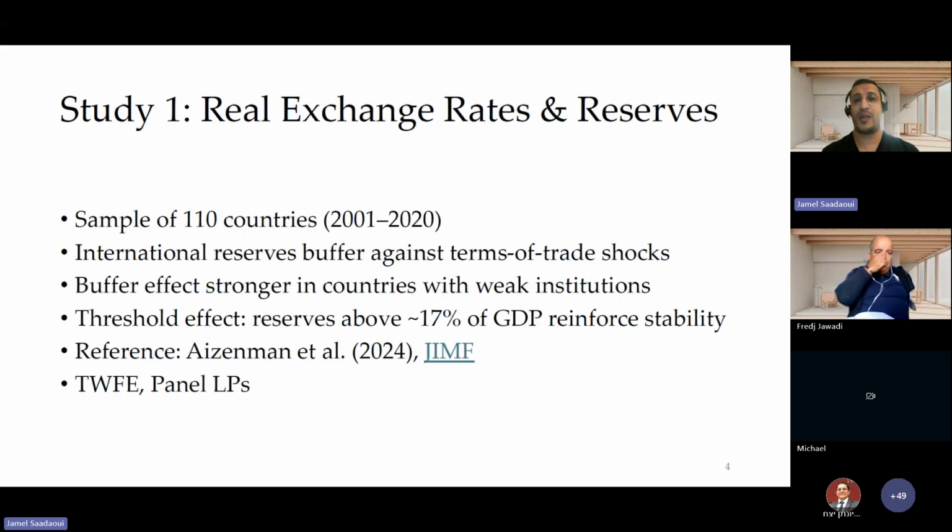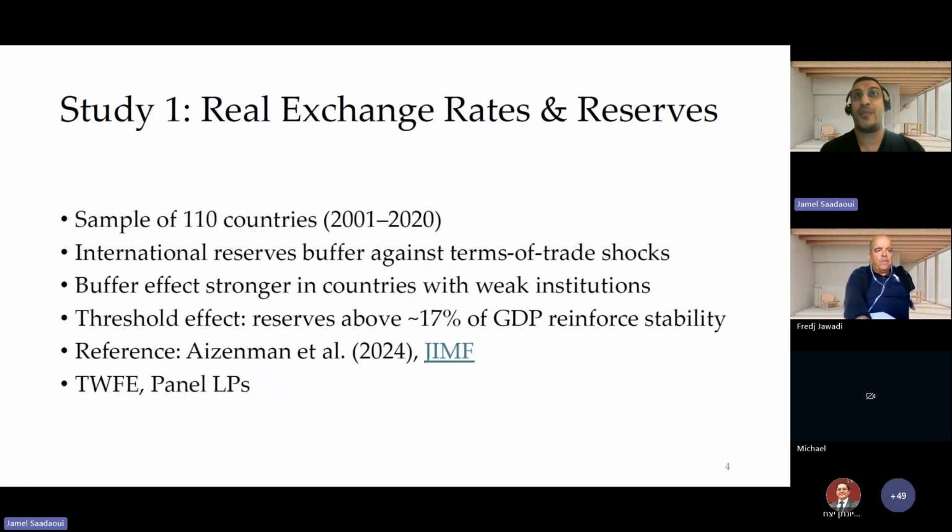And what we observed from the 90s is that some countries have experienced an increase of the terms of trade because they export oil or energy commodities, or more generally commodities.